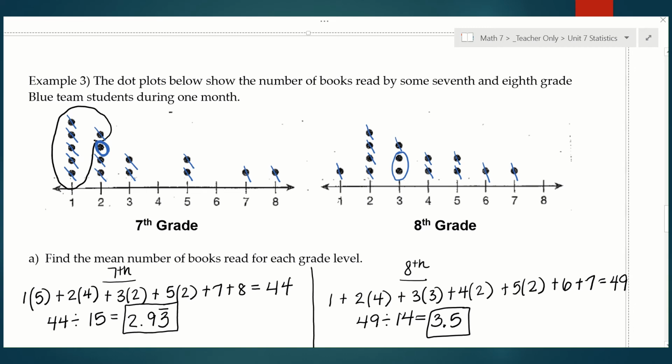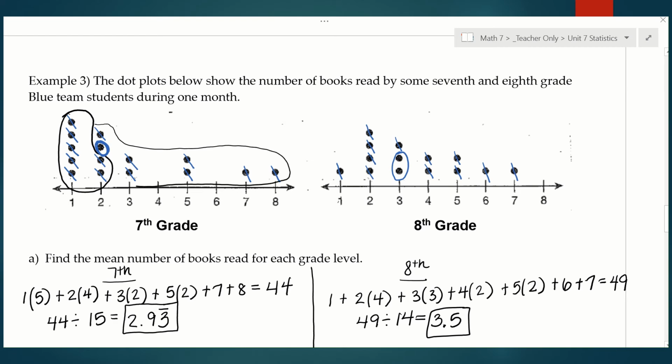So I need to change this, and I need to say these points are the first half of my data. So now there's 1, 2, 3, 4, 5, 6, 7 in my first half. And then these 1, 2, 3, 4, 5, 6, 7 would be my second half. So that's why it's really important that you count after you've split it, because obviously just by looking at it didn't work out so well for me.